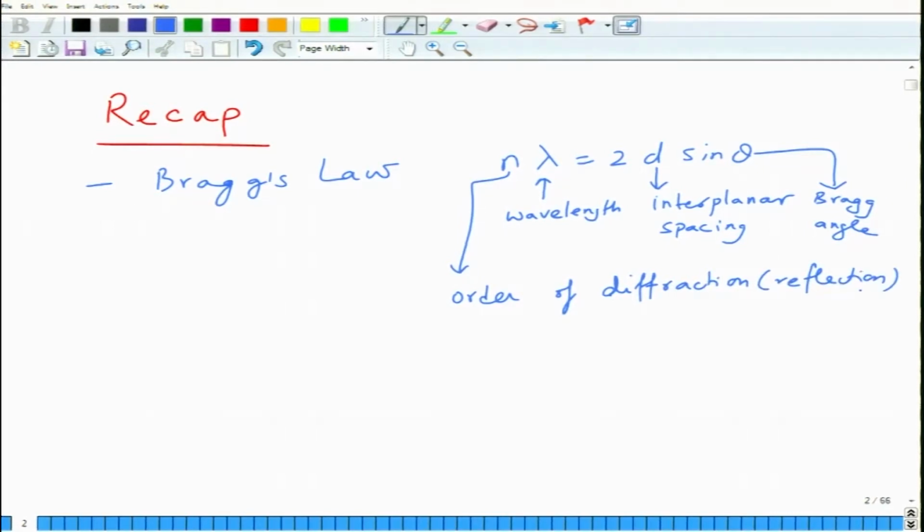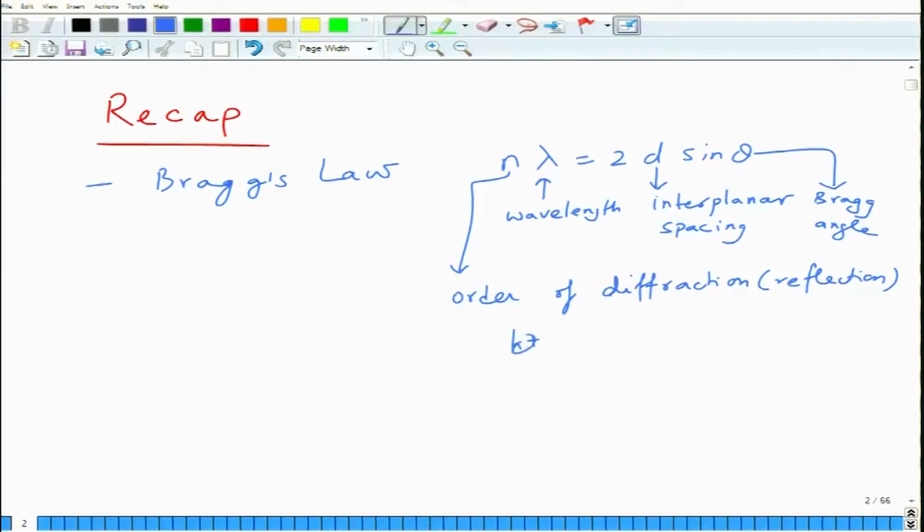We discussed the significance of all of these parameters. You can see that there is a reciprocal relation between d and theta. As your interplanar spacing goes down, d is equal to a divided by square root of h square plus k square plus l square.